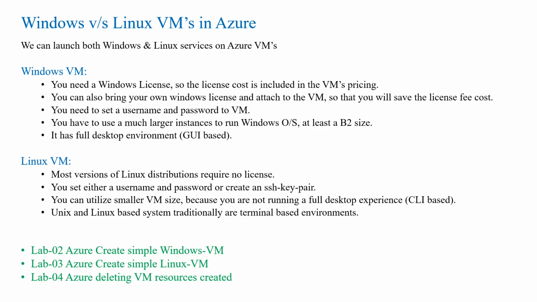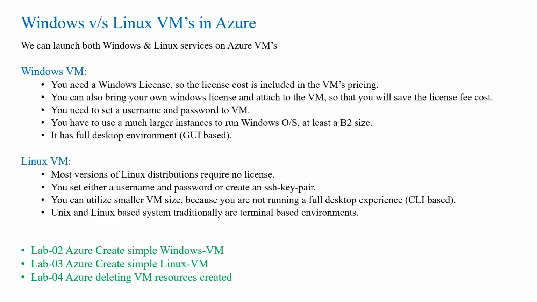Then you need to ask Azure to provide the license so that the Windows license is also included in the virtual machine price. That means if you are paying 12 rupees for 1 hour, this is just an example for a Windows-based virtual machine, another 2 or 3 rupees may be added for the Windows license to use it for 1 hour. You can also bring your own Windows license and attach it to the virtual machine so that you will save the license fee cost.